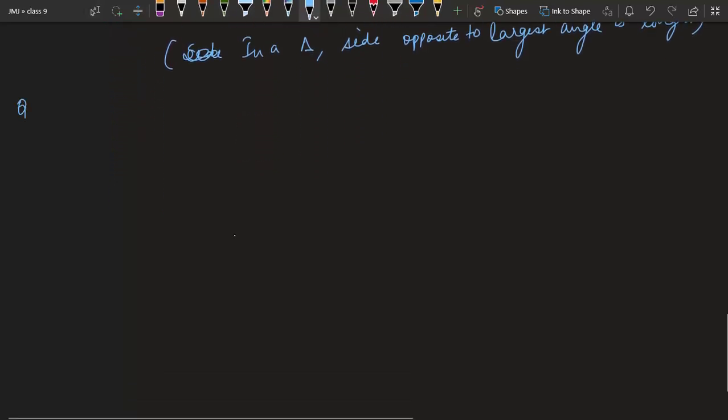Question number 2. You can try on your own, and if you are not able to solve, then you can see the solution. You can pause it right here. Question number 2 is, in figure 7.48, AB and AC of triangle ABC are extended to points P and Q respectively. Now let me draw the triangle first.